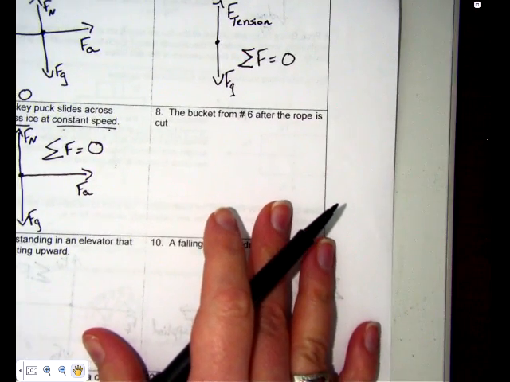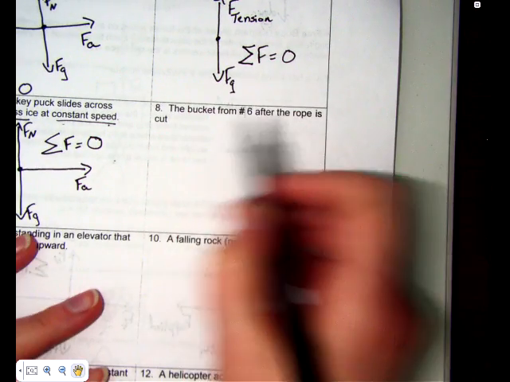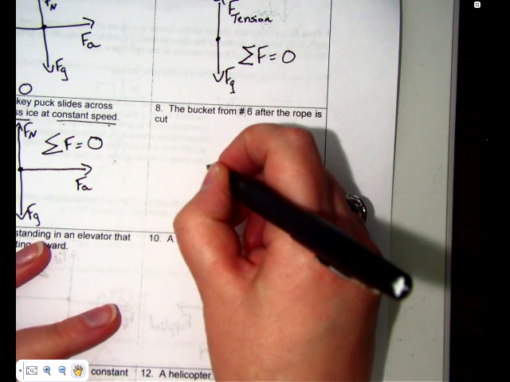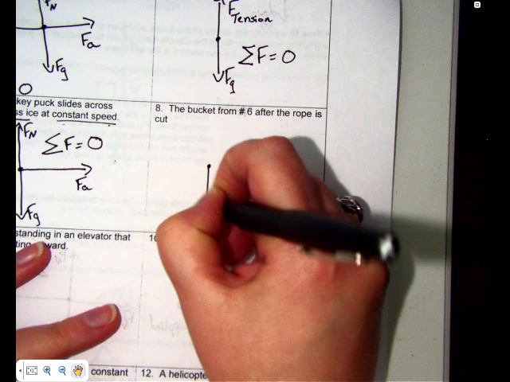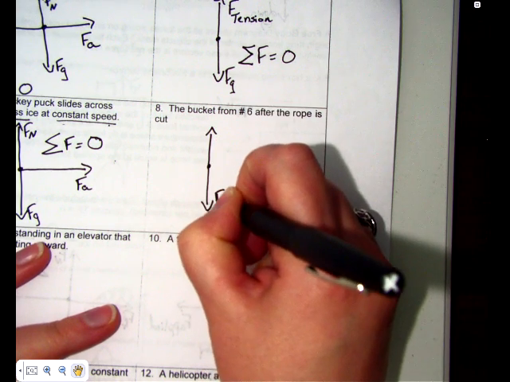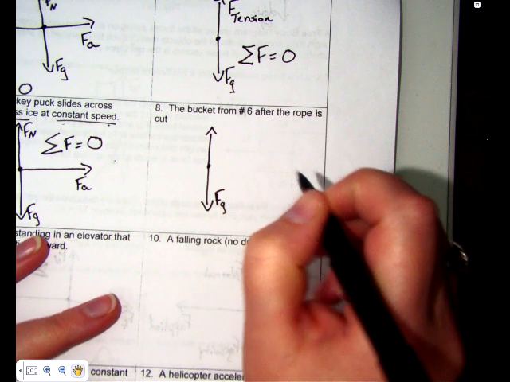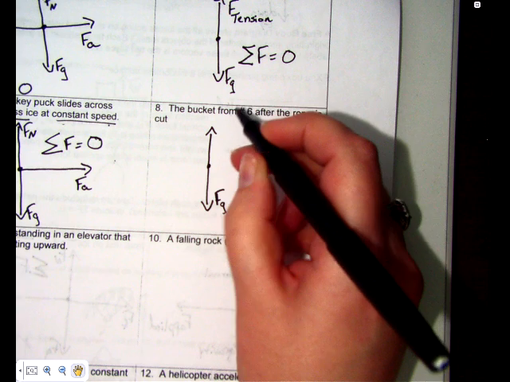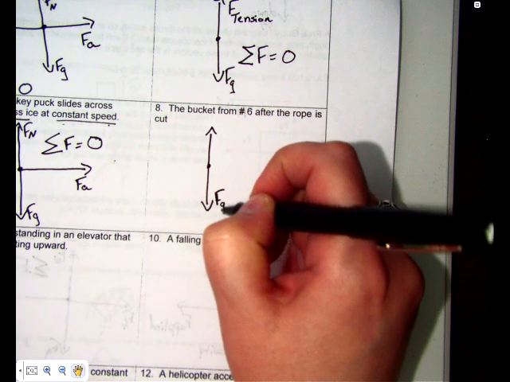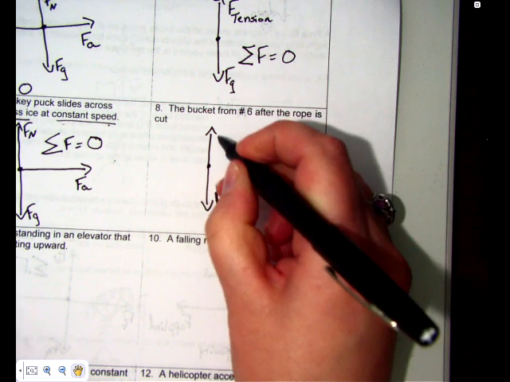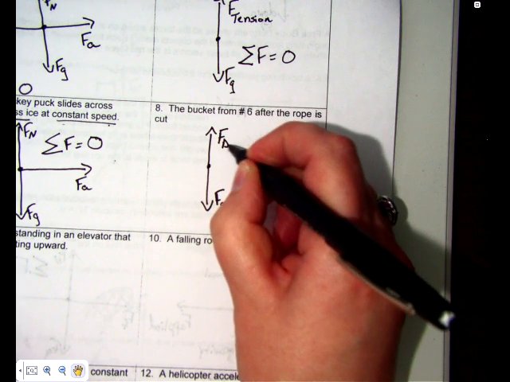Okay, now the bucket from number 6, after the rope is cut, the bucket is falling towards the ground. There's not a tension force on it anymore, that's been cut, but as the bucket is falling through the air towards the ground, there is some amount of drag.